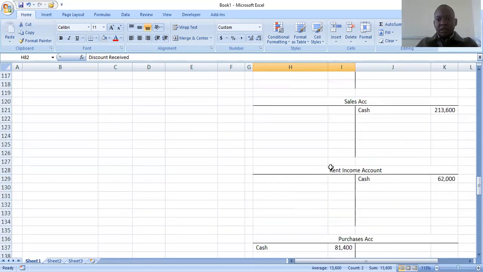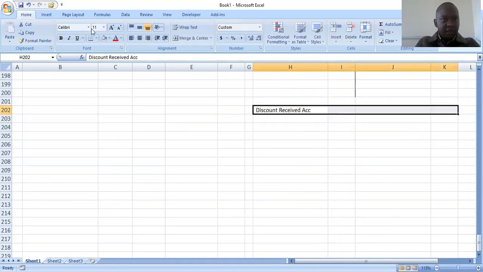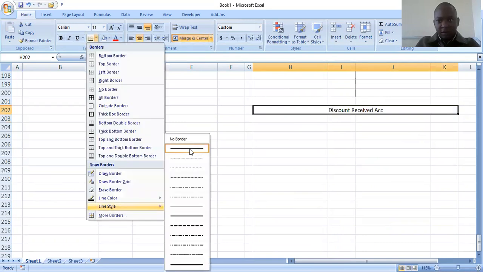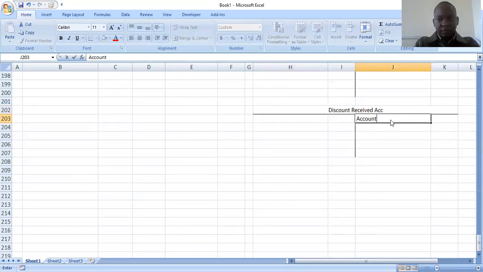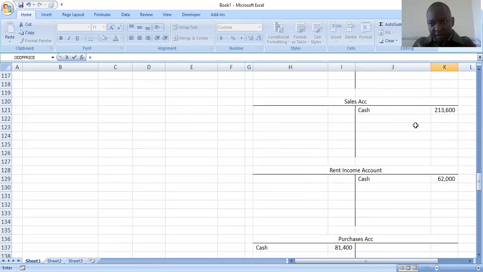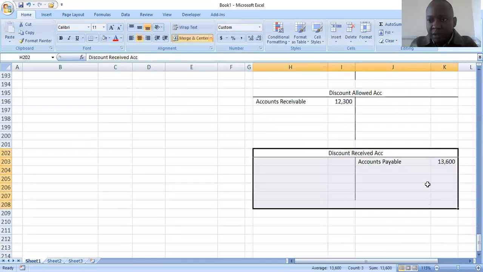So we open a discount received account and credit it, by accounts payable, the amount being 13,600.